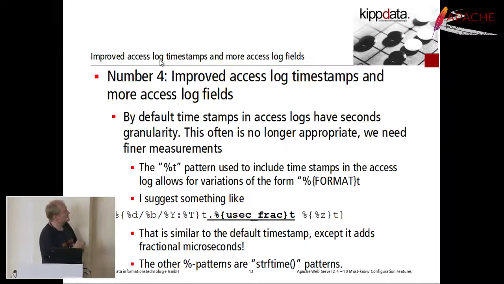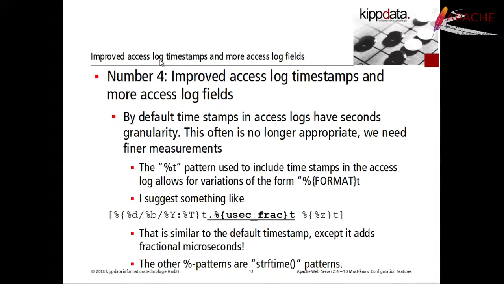And the way to do it looks a bit ugly. It's here, and typically in your access log format there is somewhere a %t. That's the timestamp. And what you can add now, with curly braces, is some terminology that determines what is written for this timestamp, what part of the timestamp, in which format.